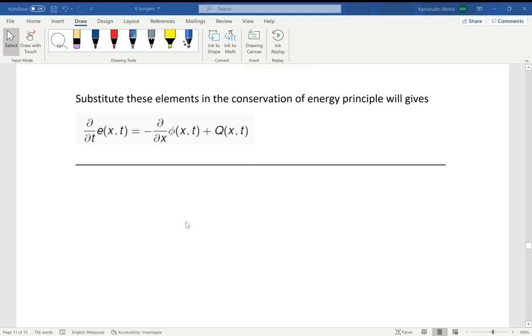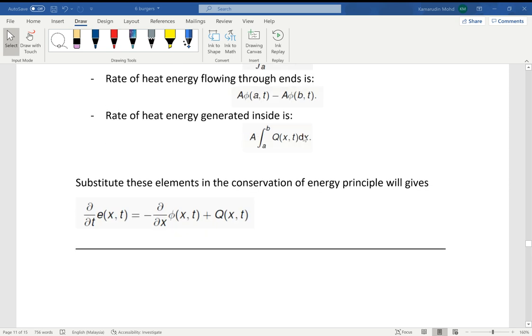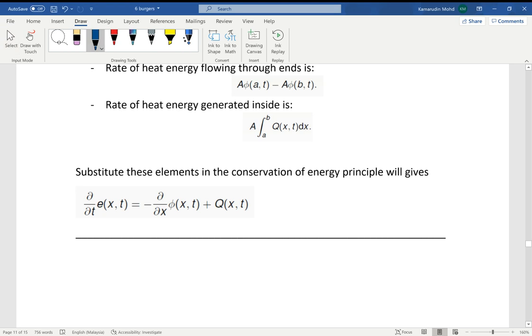So for the rate of change of the heat energy, we take the rate of change of this total heat energy. So it becomes del t of A times the integration from A to B of e dx. Then on the right we have the second element, the rate of heat energy flowing.